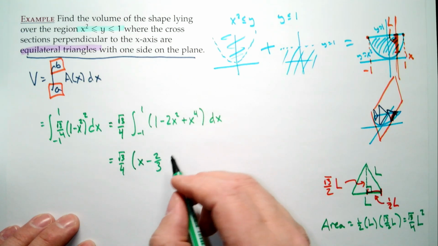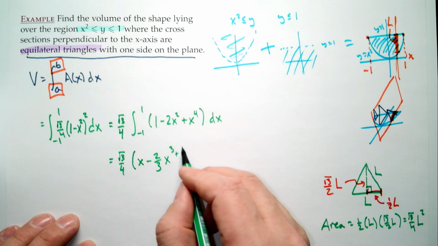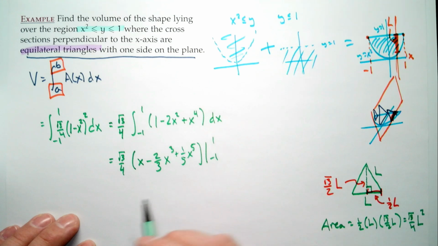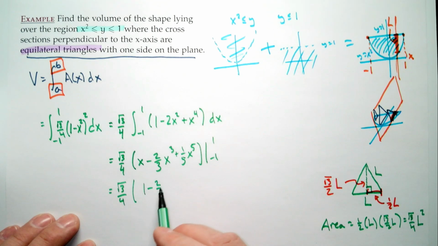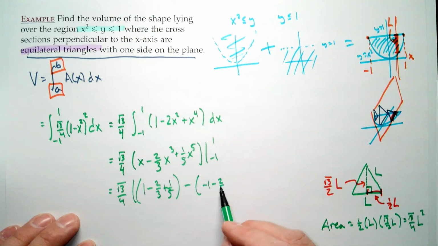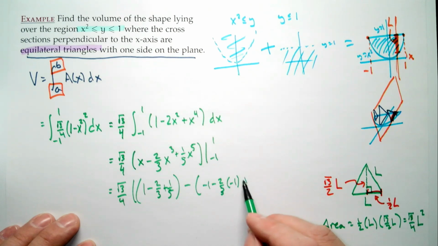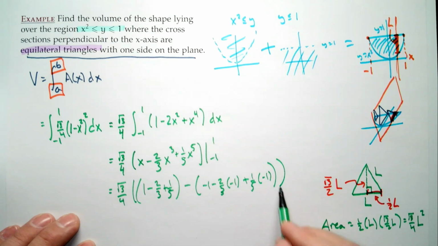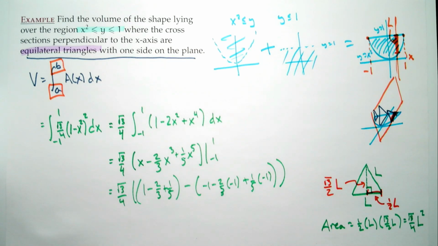So x minus 2/3 x cubed plus 1/5 x to the 5th from -1 to +1. Now I'm regretting not doing the symmetry, but all right. Square root of 3 over 4 times 1 minus 2/3 plus 1/5, subtract -1 minus 2/3 times -1 plus 1/5 times -1. Well, you can clean that up a little bit.